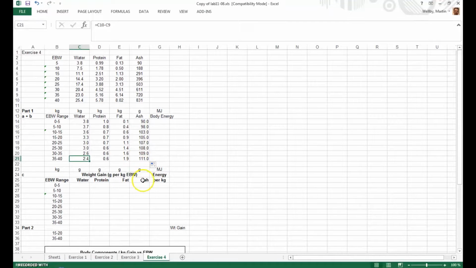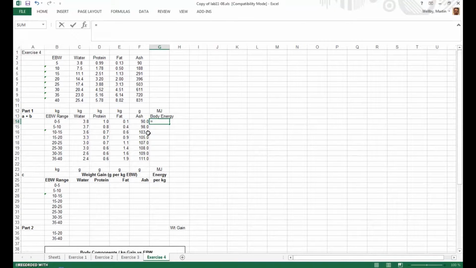We can also work out the energy in each of these increments. In your manual you're given a couple of numbers there. You're told that fat has 39 megajoules of energy per kilogram and protein has 23.2 megajoules of energy per kilo.